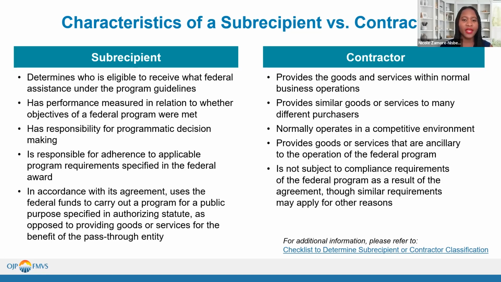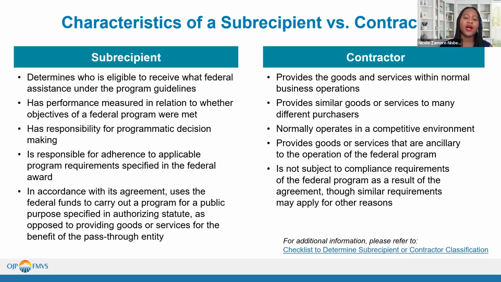They are responsible for adhering to applicable program requirements specified in their federal award, and lastly, in accordance with the agreement, they utilize the federal funds to carry out a program for a public purpose specified in the authorizing statutes, as opposed to providing goods or services for the benefit of the pass-through entity.